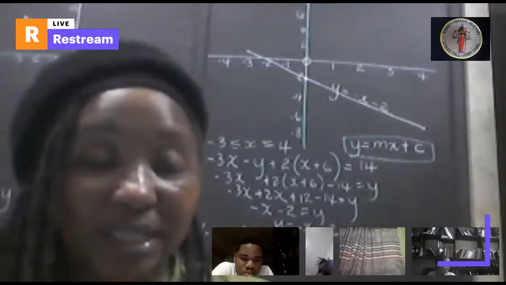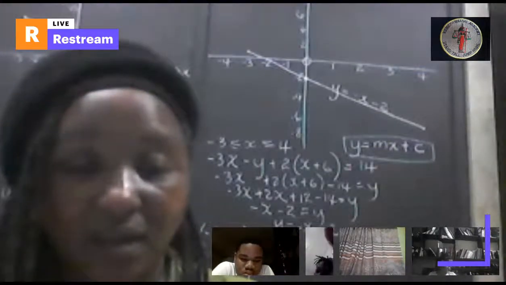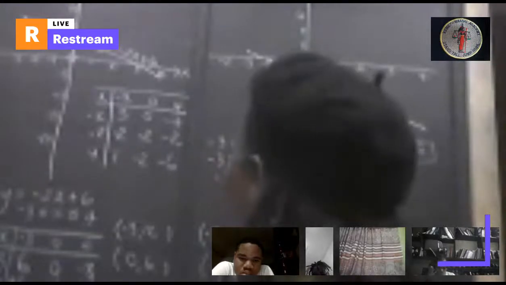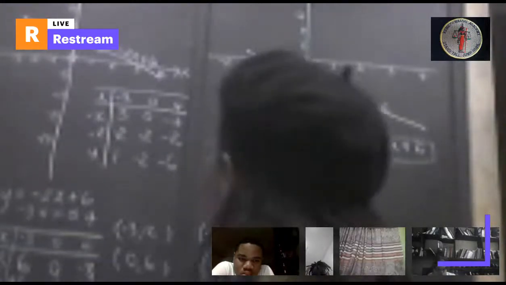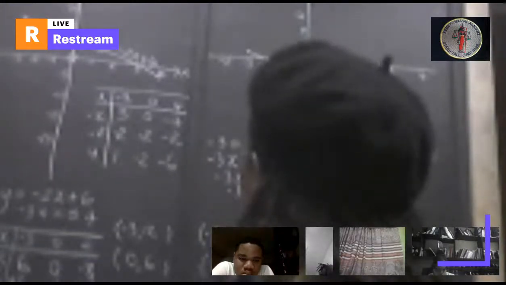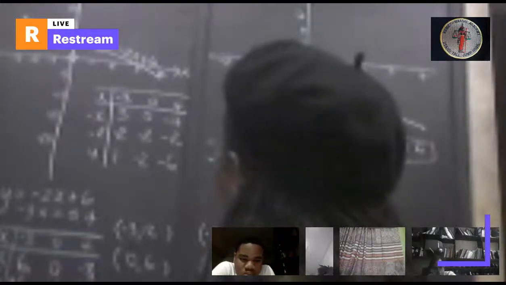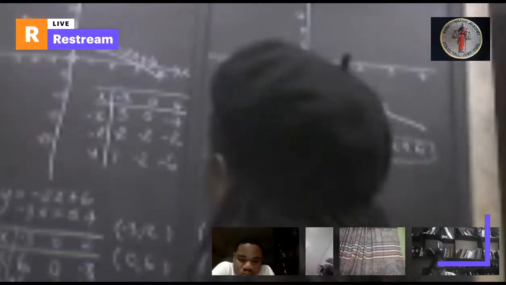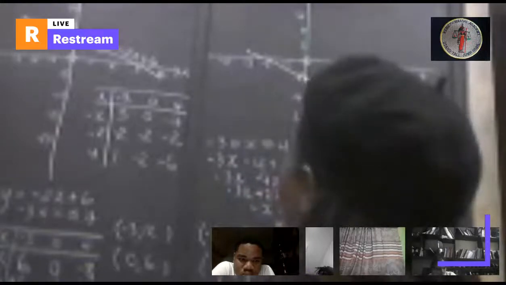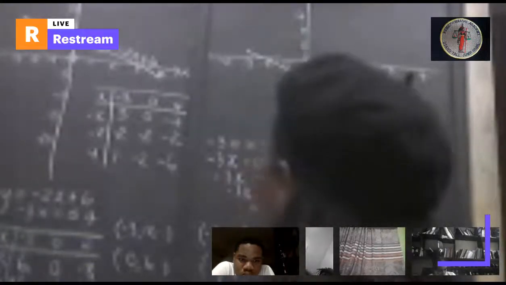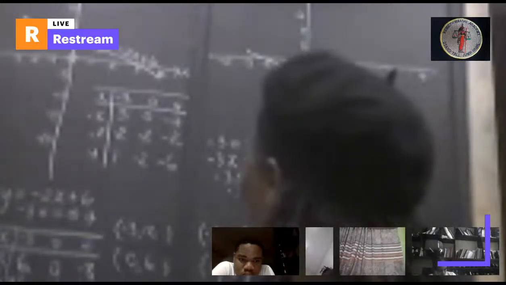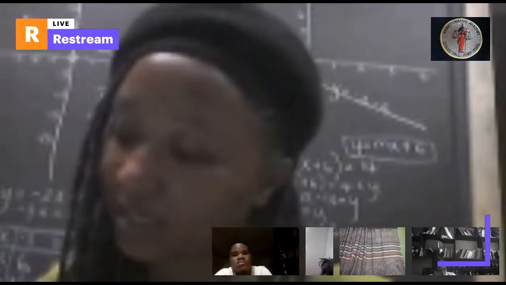So if you were to take any two of the points that we got, let me see, what were the points? Let's say we had -3, 1, and 0, -2.